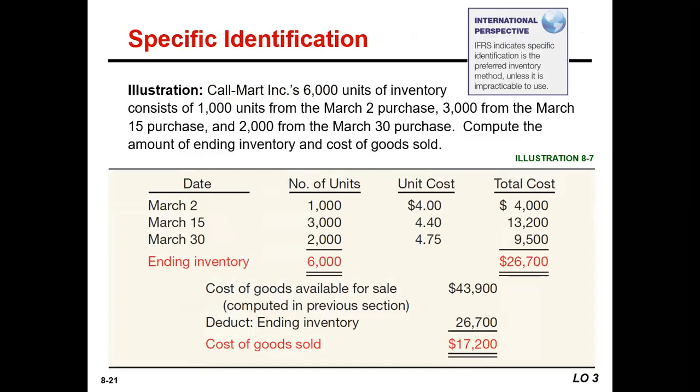So it shows here that we've got units in ending inventory, our number of units, our total cost of ending inventory. If we had a total cost of goods available for sale of 43,900, less our ending inventory would give us cost of goods sold, right? Again, we do this with each inventory method, so we'll continue to get practice with this calculation.